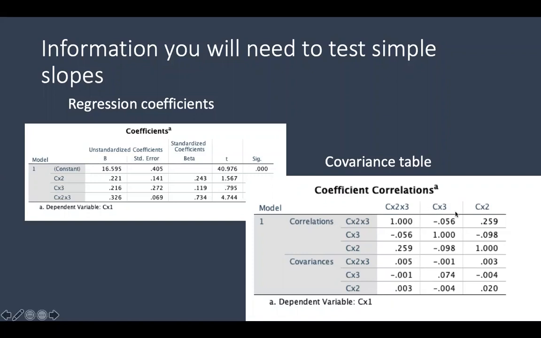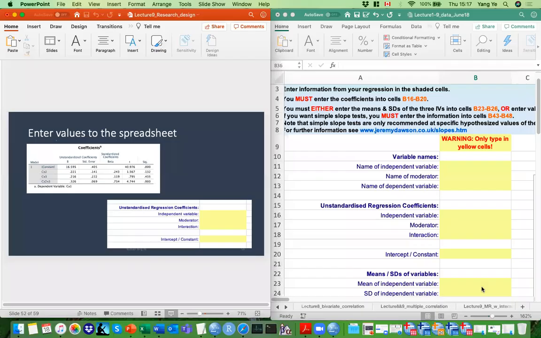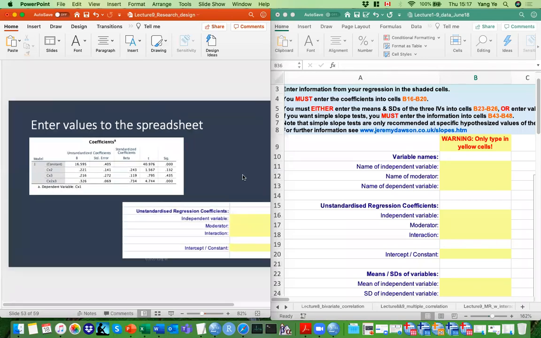Remember, we have to pick one variable as the moderator. In this case, let's say x3 is the moderator and x2 is the independent variable that we're interested in. The next step is to enter the values from the regression coefficients into the spreadsheet.